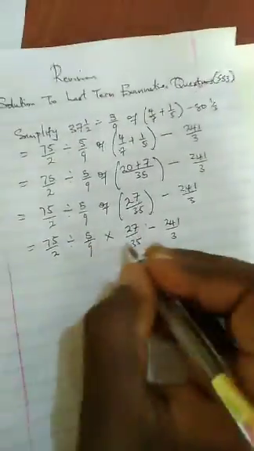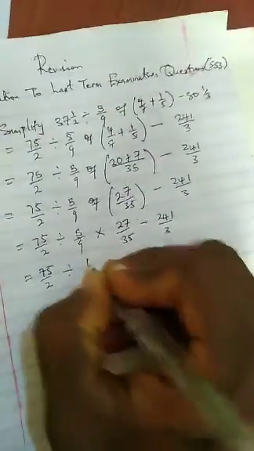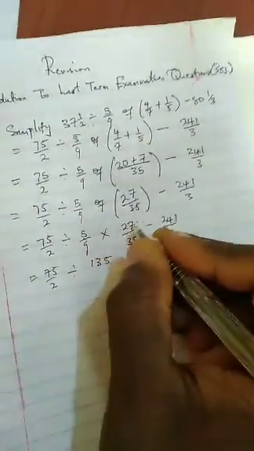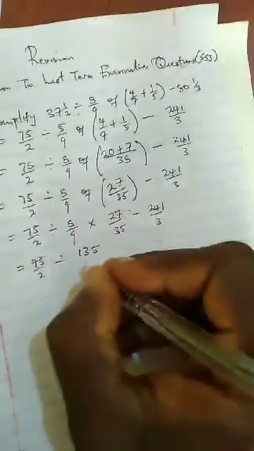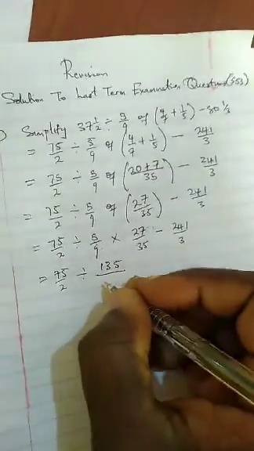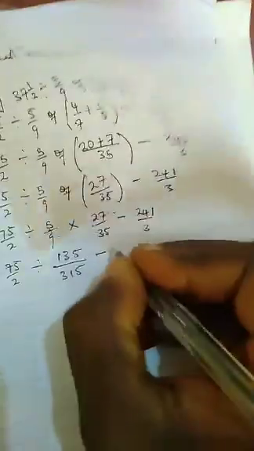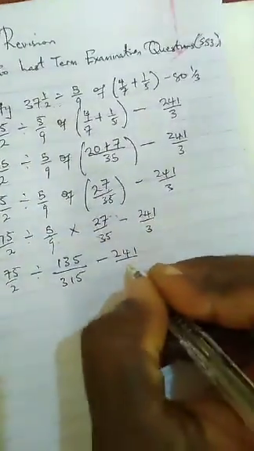When we multiply this together, we have 75 over 2 divided by 135, 5 times this is 135, over 9 times this we have 315. That's what we have. Divide, minus 241 over 3.